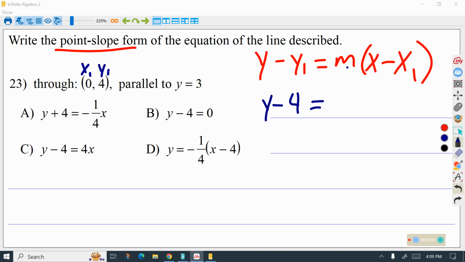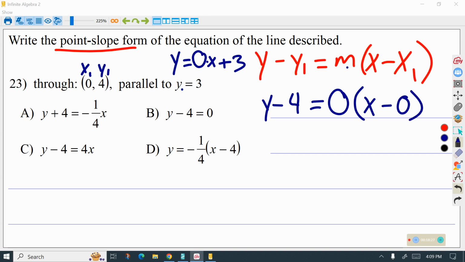And then my slope of m, well, it says the line is parallel to y equals 3. Well, what's the slope? Well, we got to realize that there's no x, right? So think about it. There's no x. So what's the slope? The slope must be 0, right? There's 0 x's. So that means our slope is 0. So 0 times x minus 0, okay?